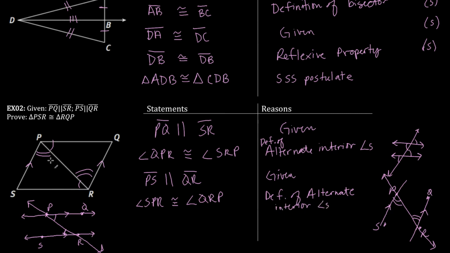Okay, so we established that two angles are the same. Oh, and they share another side, PR. So segment PR is congruent to segment PR for the other one. This is just the reflexive property again.